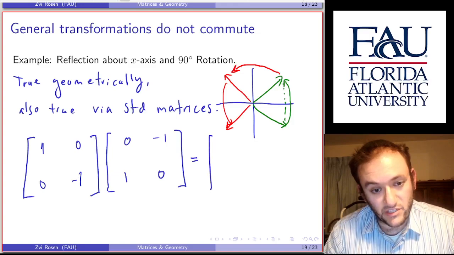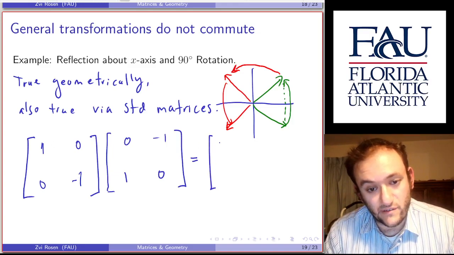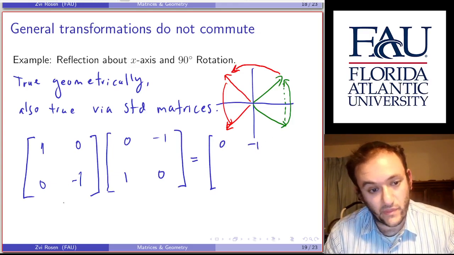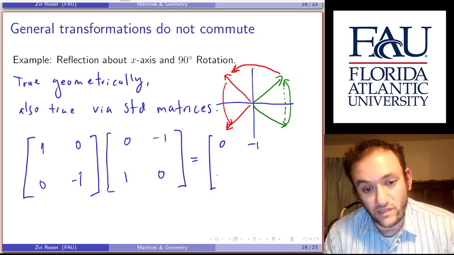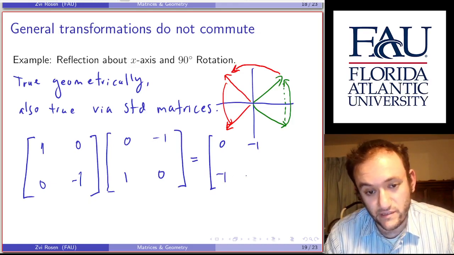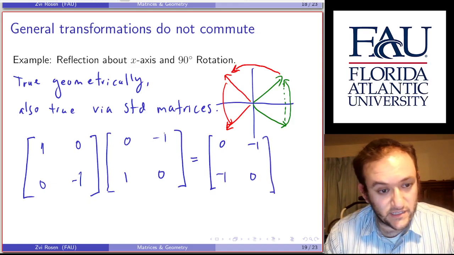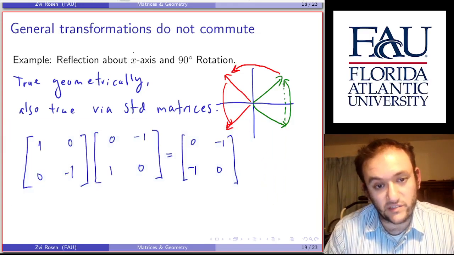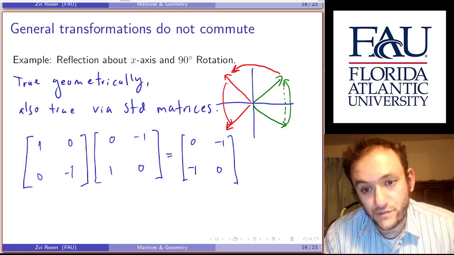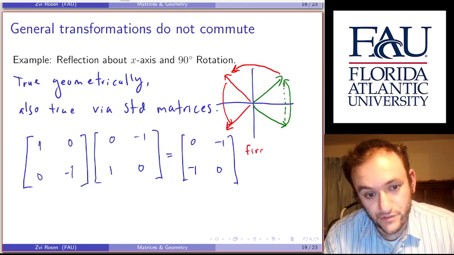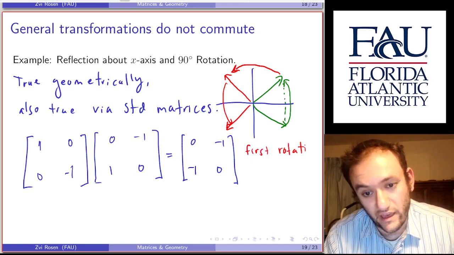Okay, and doing out the multiplication, we get 1, 0 times 0, 1 is 0. 1, 0 times -1, 0 is -1. 0, -1 times 0, 1 is -1. And 0, -1 times -1, 0 is 0. Okay, so we get this matrix. When we do it, this would correspond to doing first rotation and then reflection.